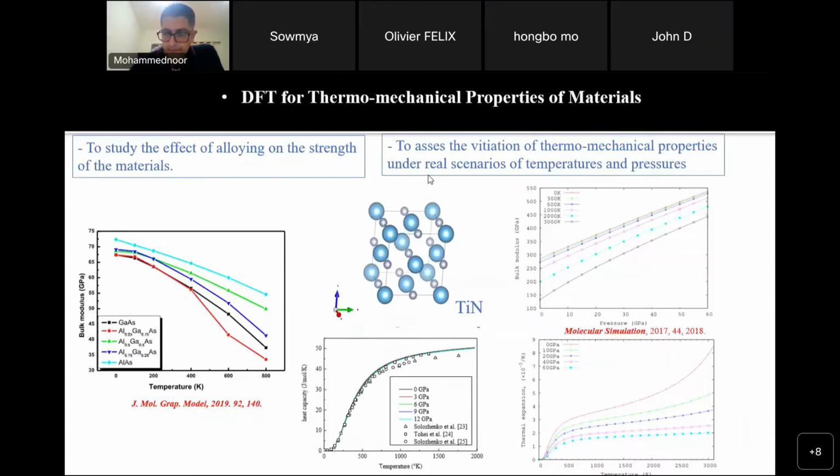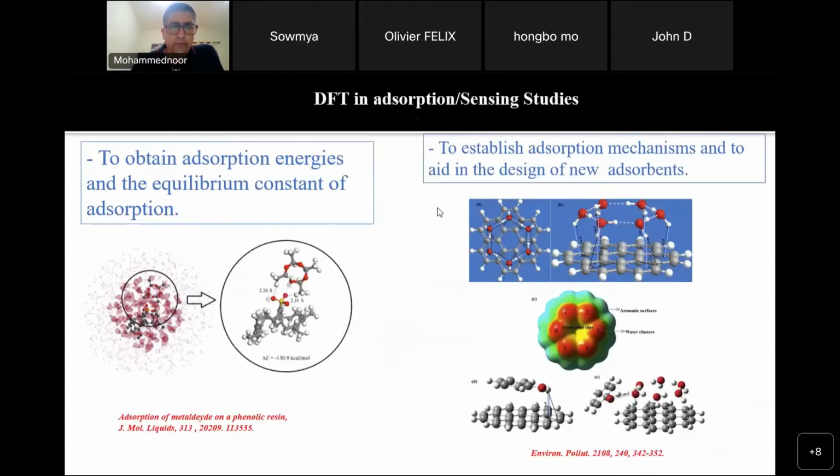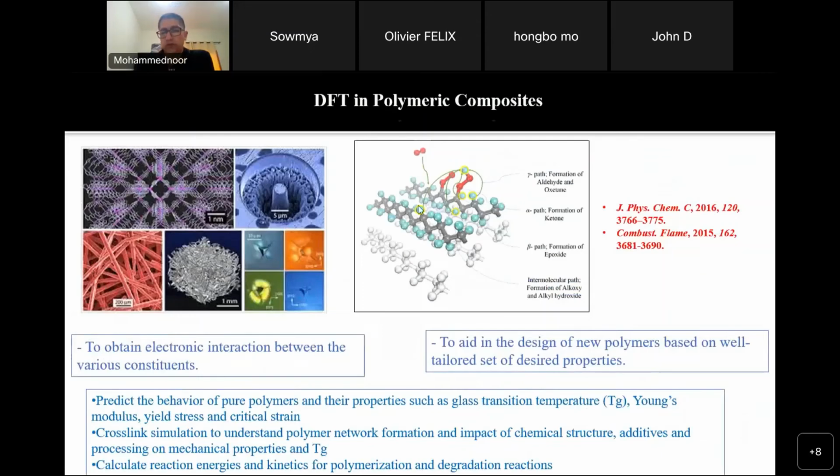Yeah, a student could also use DFT to obtain adsorption energies, and they can use it to establish properties of, or to design, new materials. It could also aid in the design of new polymers.